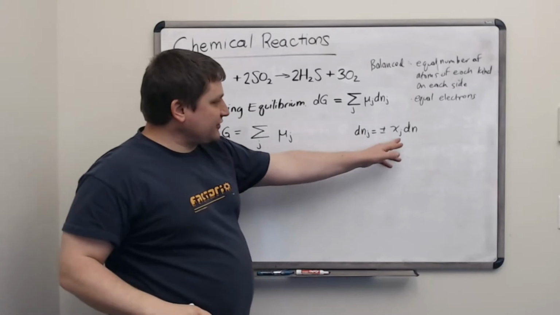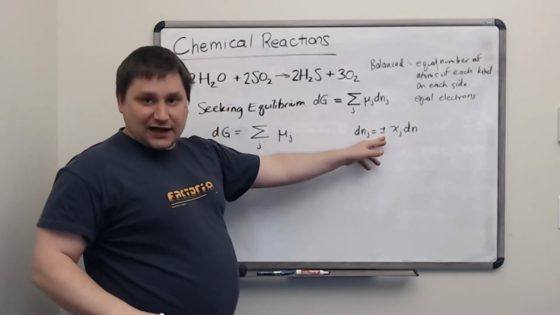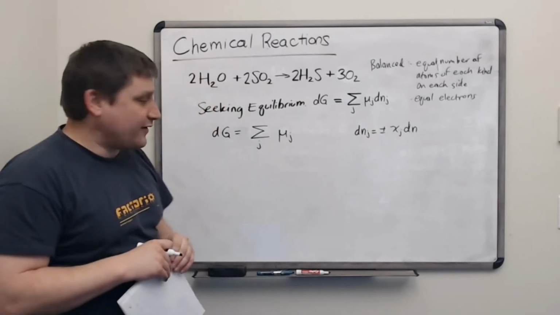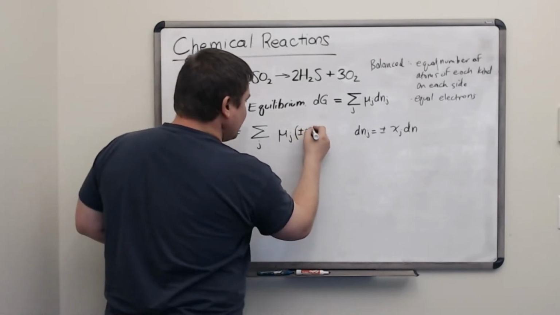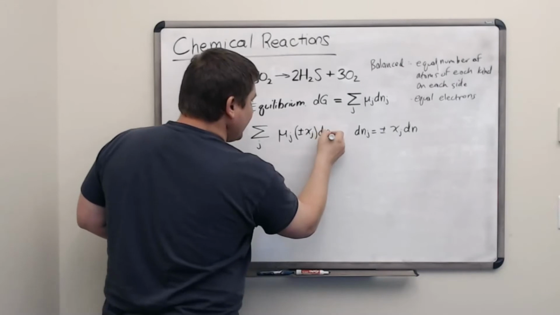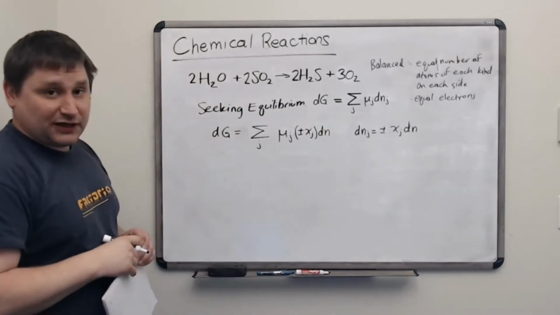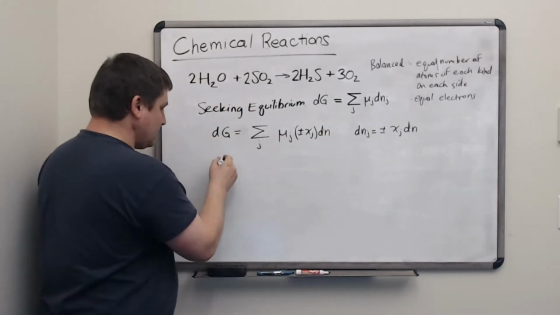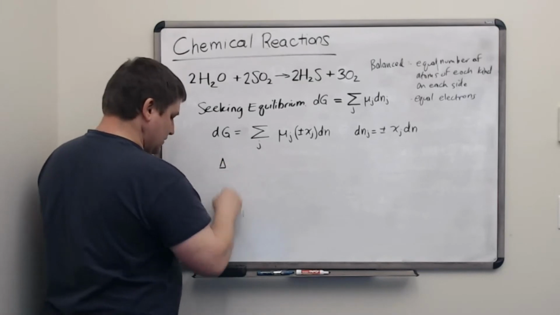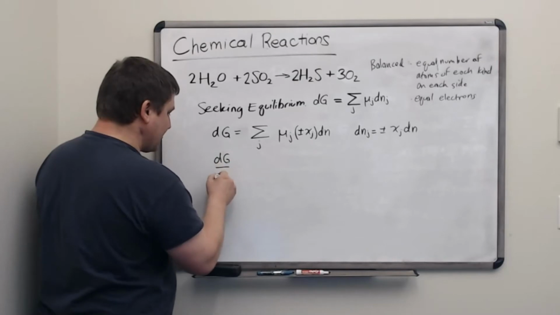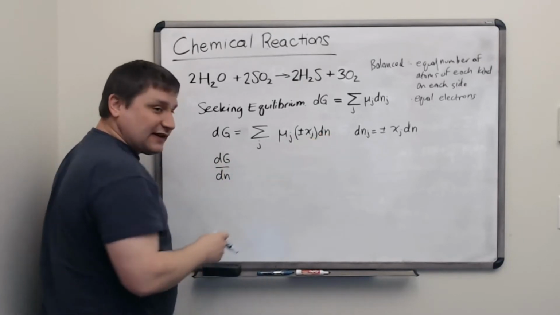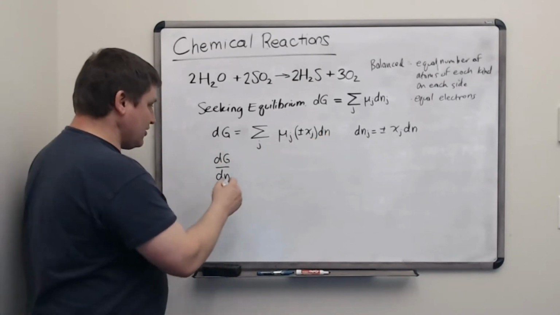So stoichiometric coefficient there, plus sign for products, minus sign for reactants. So in here we get a plus or minus with the stoichiometric coefficient, and each term in the sum is multiplied by dn. So if we move this dn to the other side, remember dn represents the number of reactions that occur.